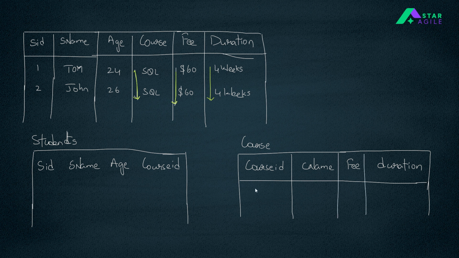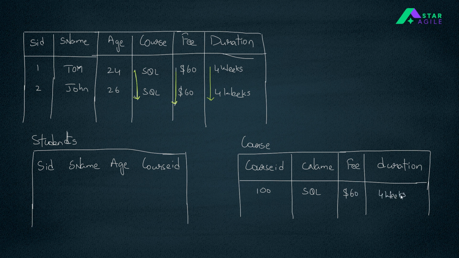When I create the tables, I'll keep the course ID as 100, the course name as SQL, the fee as $60, and a duration of 4 weeks.